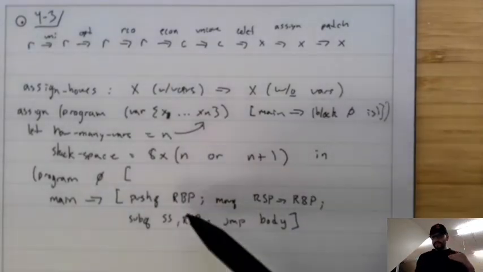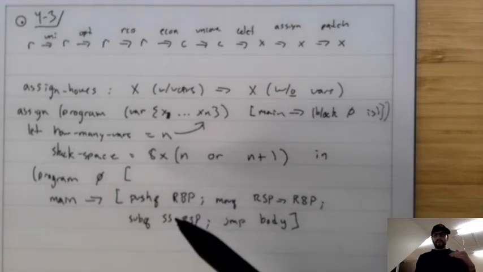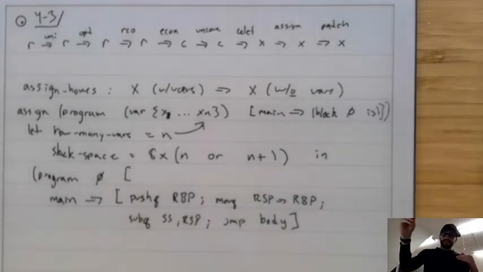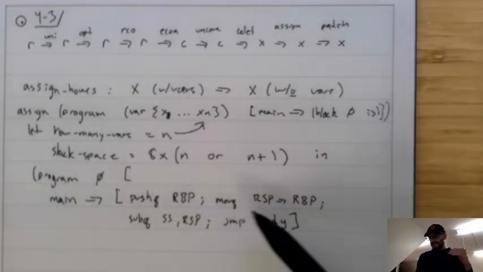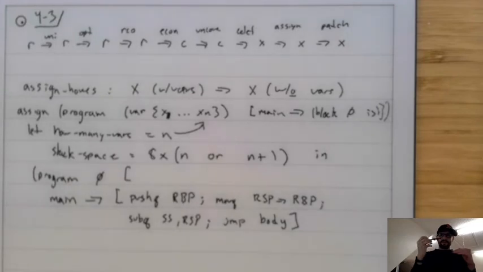So basically, by pushing the base pointer, what we're doing is we're saving the previous function call's base pointer, because we're going to overwrite it. Then we're going to take the current stack pointer and move it into the base pointer, because when we acquired the stack, that location is our base pointer.